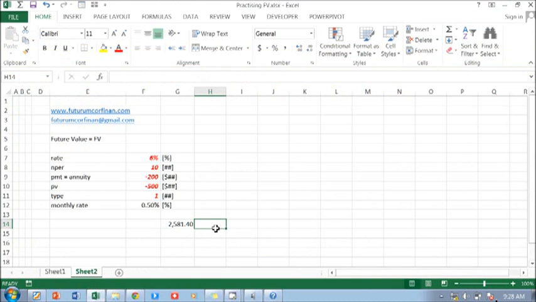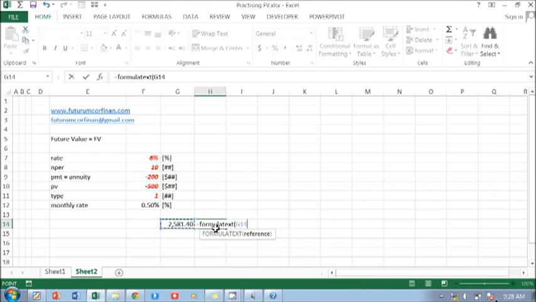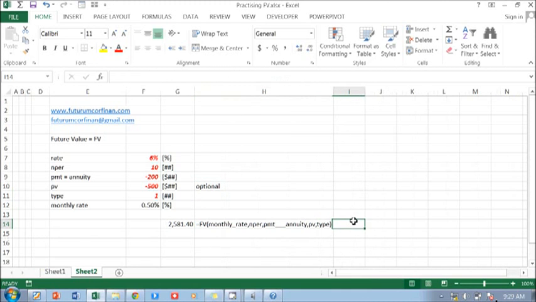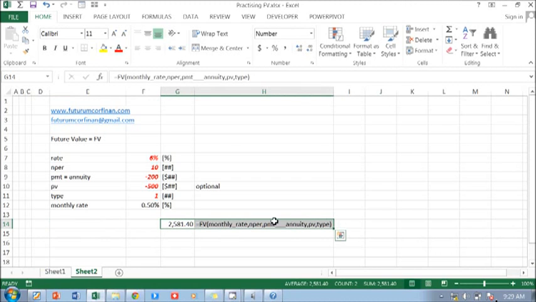So I can put a formula text if you want to see that. Okay. So basically, the PV is optional. So we can include that or we don't include that. So we have 3 cases here. Let me move it a bit farther.